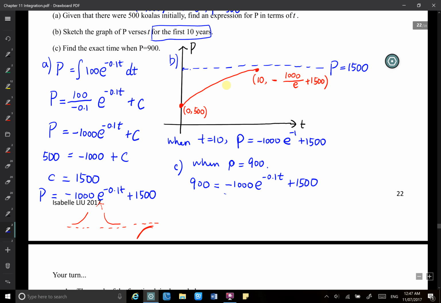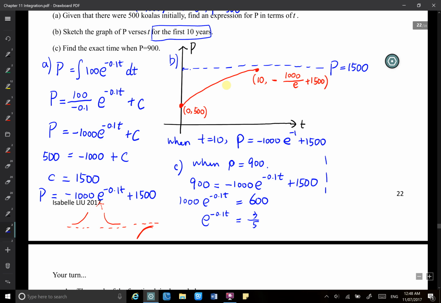I can move this term to the left hand side, so 1000 e to the power of negative 0.1t equals 600. E to the power of negative 0.1t equals 600 divided by 1000, which is 6 over 10, 3 over 5.